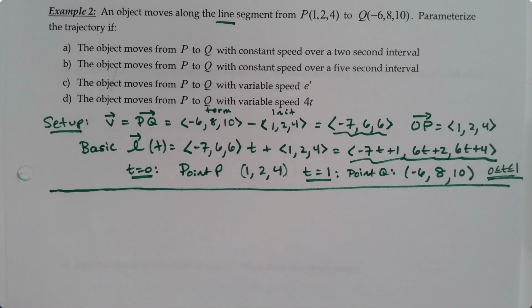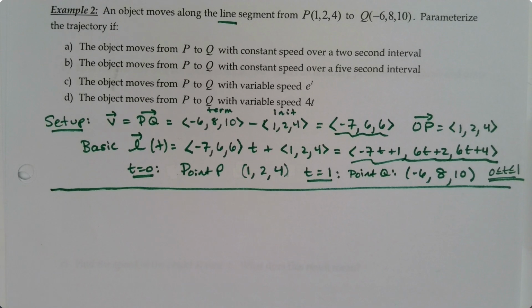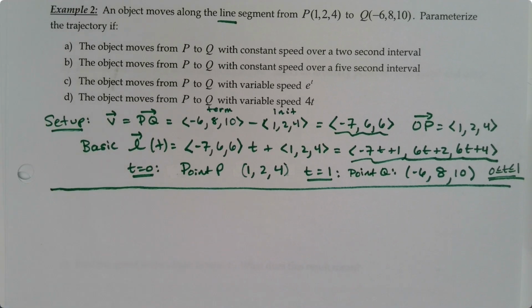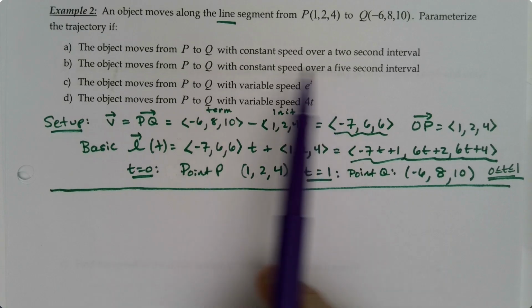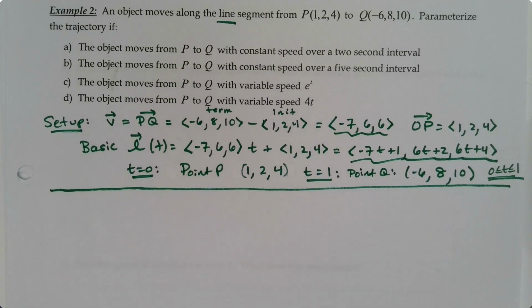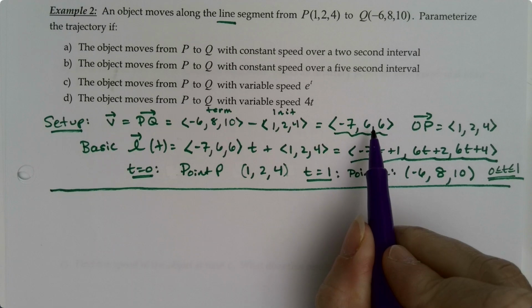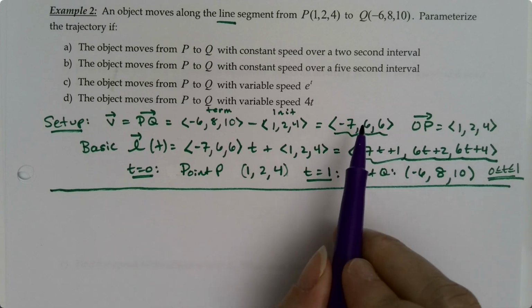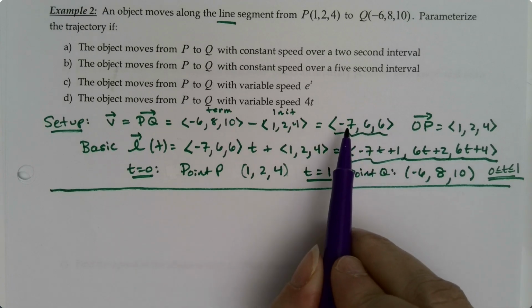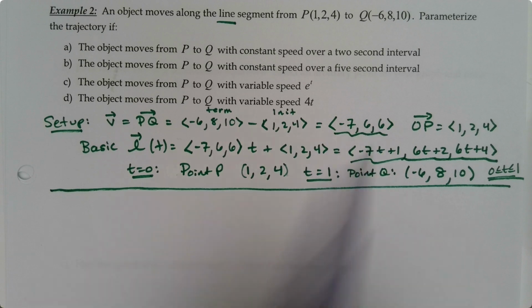Okay, so now let's look at the first one. For the first one, we want to have a 2-second time interval and a constant speed. Well, a constant speed is no problem because that's my direction vector. So the speed would be the square root of 7 squared plus 6 squared plus 6 squared, and that's a constant.